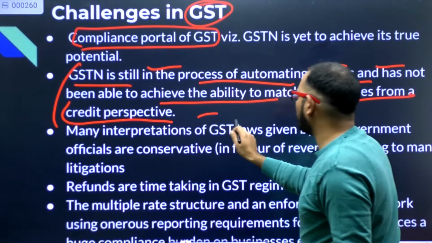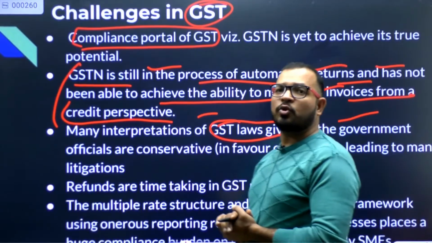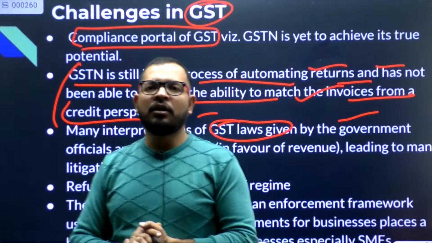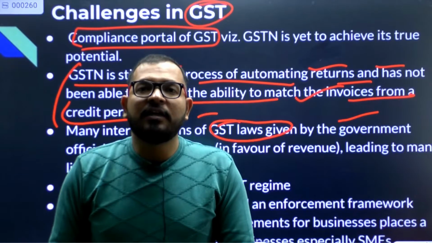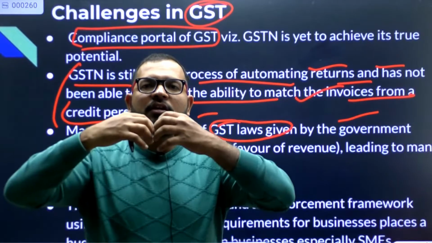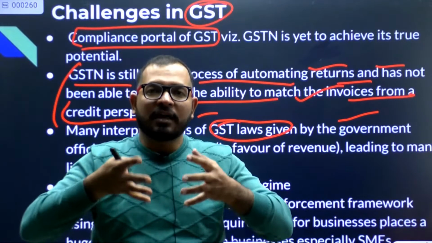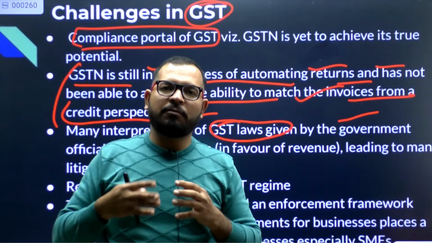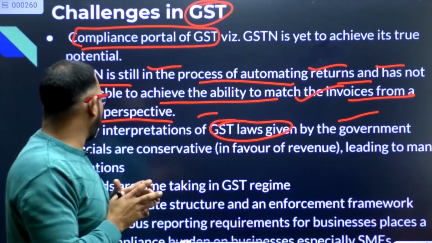Many interpretations of the GST laws by the officials are also creating litigation, and because of this litigation, the tax money is under deadlock. Tax money under deadlock means the government is not getting enough money, and because of this, some way or the other, it is also hampering our development.